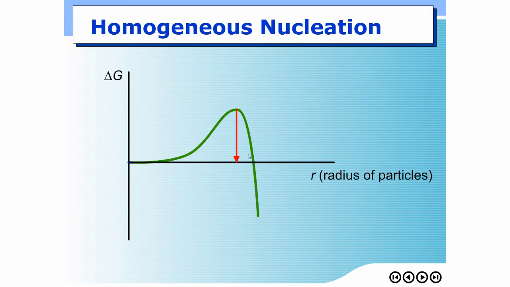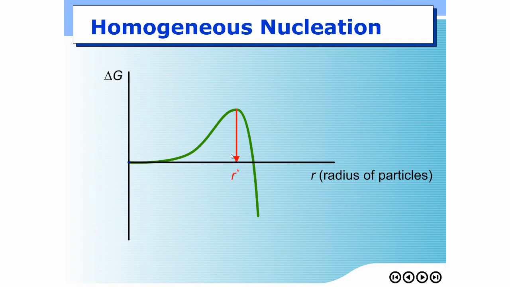Okay? So some people imagine this hump here as a barrier. You need to overcome this barrier before you can get a stable size of the nuclei. So sometimes this location is called R star, or critical size. Okay? So some people consider this critical size according to the barrier location.